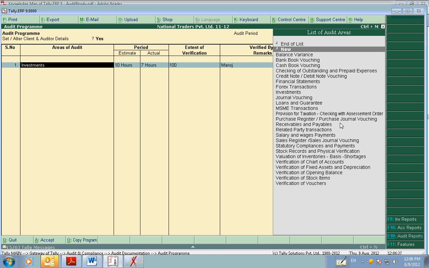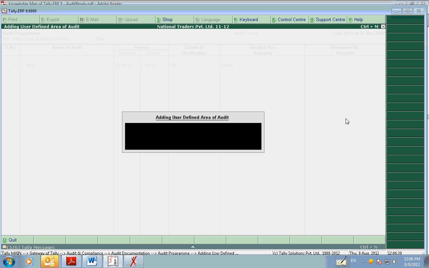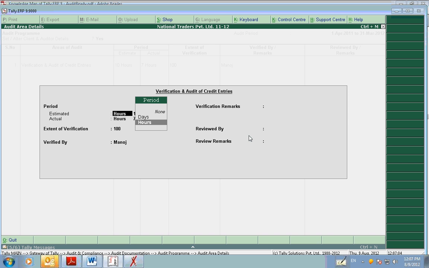Let us say verification and audit of credit transactions, credit entries. The moment you select the area of audit, it shows how much time is involved, who is responsible, how far they are verifying this, and all that.